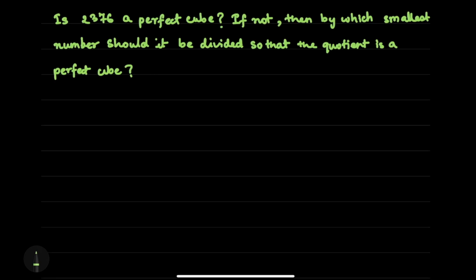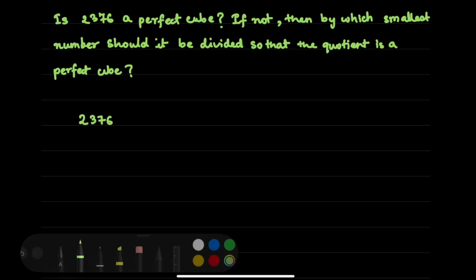Let's now talk about some other type of questions that can come in your exam. In this question, we need to first identify whether the number 2376 is a perfect cube, and if not, then by what smallest number it should be divided so that the number becomes a perfect cube. For this, we again need to find the prime factorization of 2376 first.